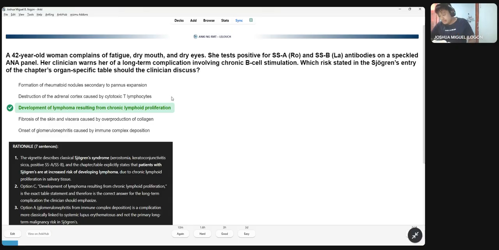Oh, okay. So it's in the inflammatory myopathies. So, finely speckled. Oh, so Sjogren is not mentioned. Okay, I got you.